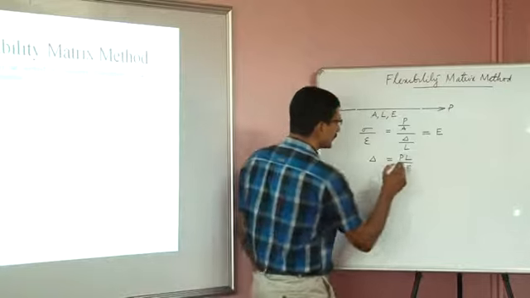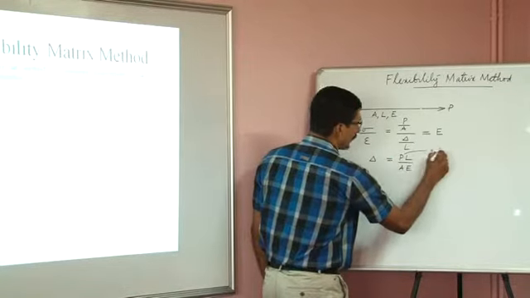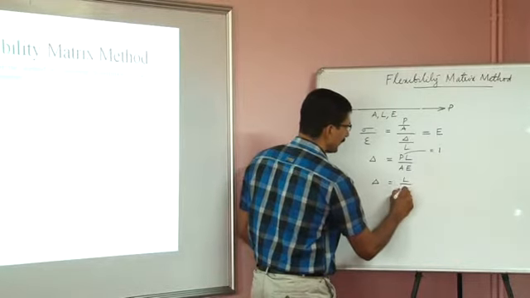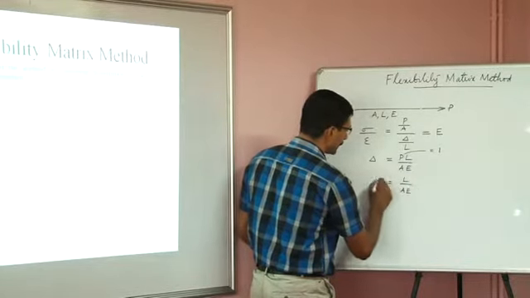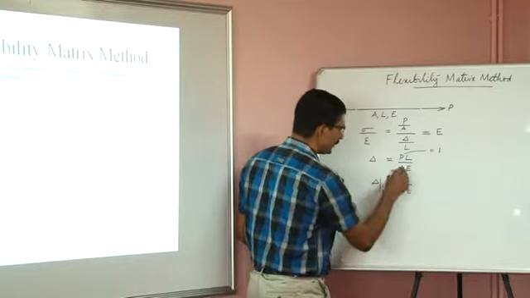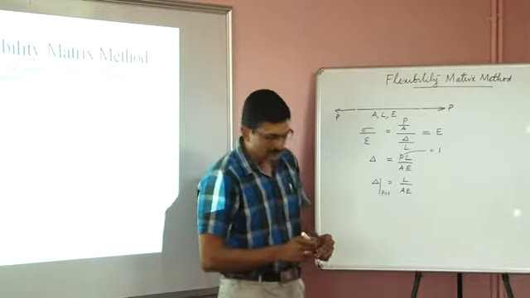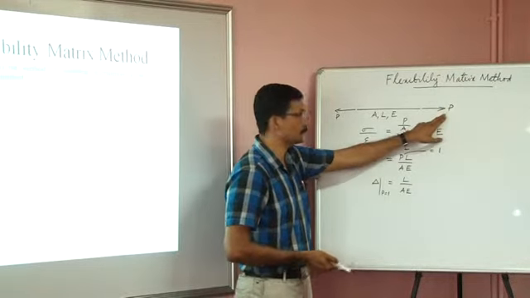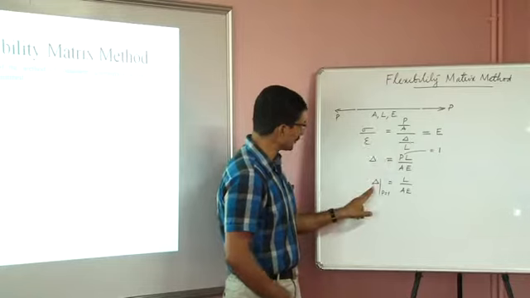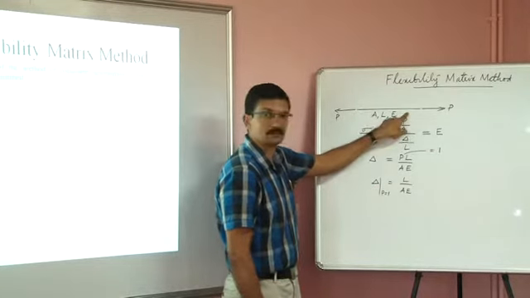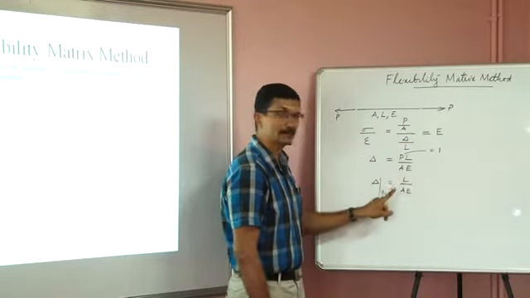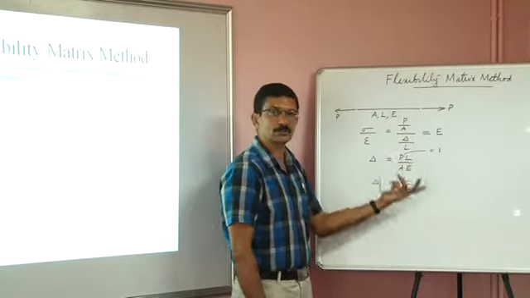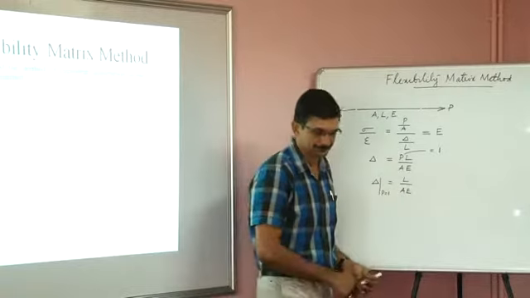So, if we make this force equal to 1, the deflection will become equal to L divided by AE. So, when we apply an axial force P equal to unity, the deflection or flexibility of this member is equal to L divided by AE. So, flexibility can be defined as the deflection produced by unit force.